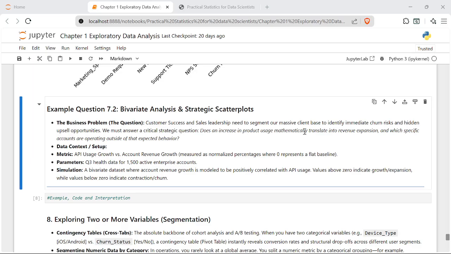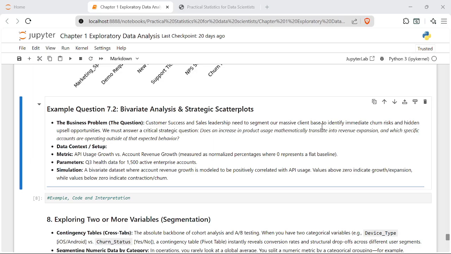A dead center zero represents a completely flat baseline. We have simulated this dataset so that revenue is generally positively correlated with API usage, meaning values above zero indicate healthy expansion, while values below zero indicate contraction and churn risk.